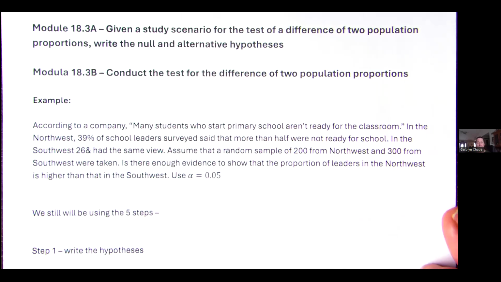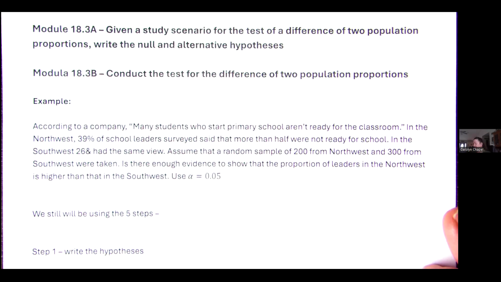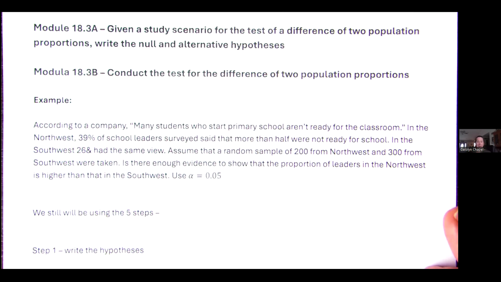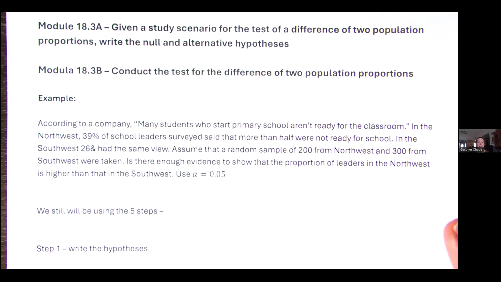Although nowadays we don't necessarily need to actually calculate that because the software will do it for us. Same with calculating our p-value. Also, this is a method using the p-values. I tend to lean that way in today's world, mostly because of all the technology that we do have available to us.